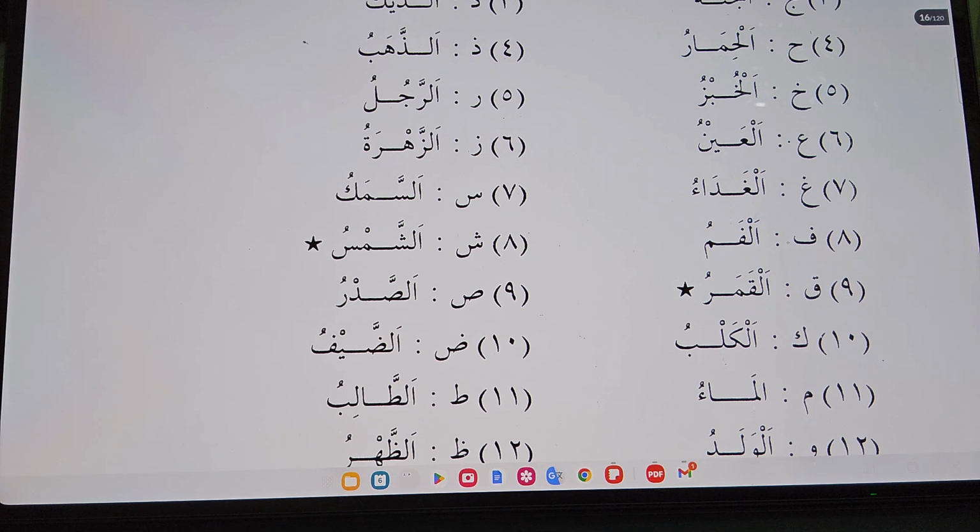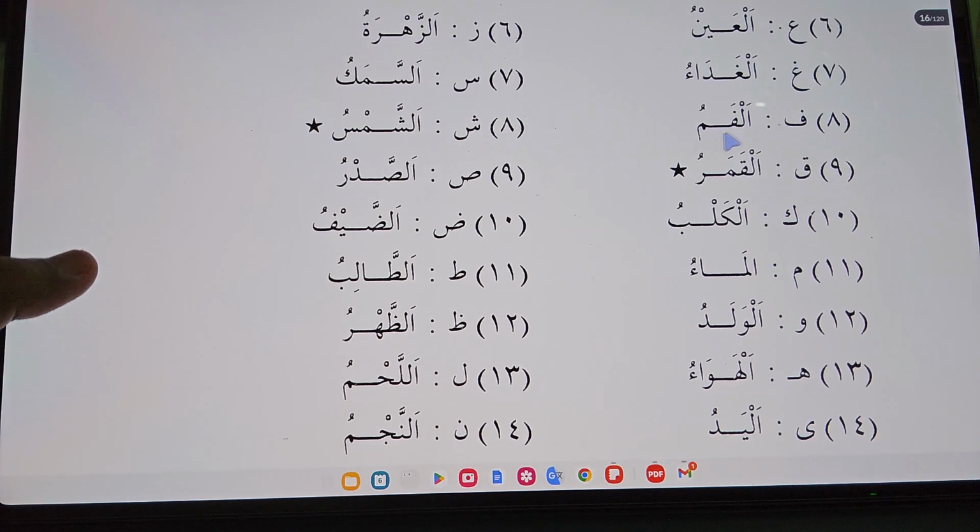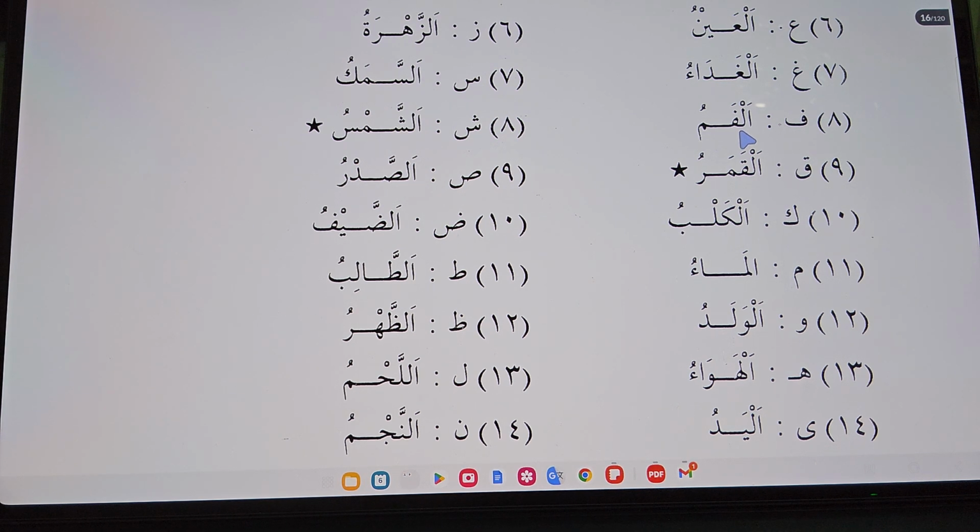الغداء طيب. Okay, now Akhana Yasin from here. الفم. Actually there should be a shadda here. Al-fammu. I think they forgot to put the shadda here. Then Al-Qamaru. They have put the star here just to indicate that these are the letters.